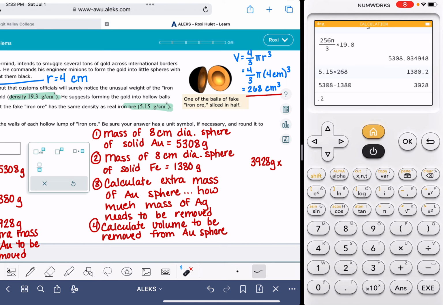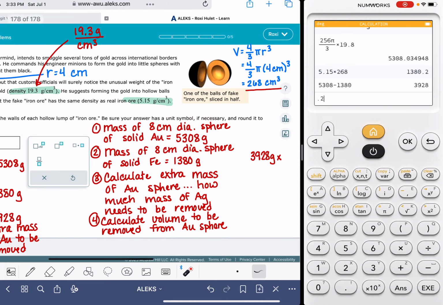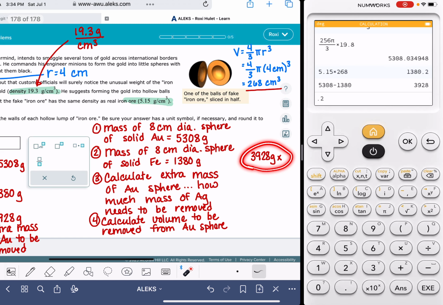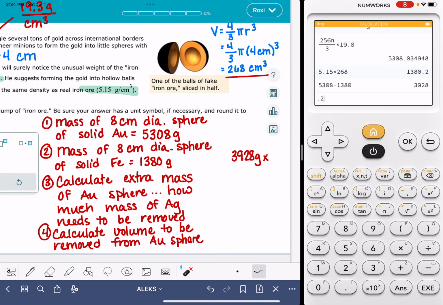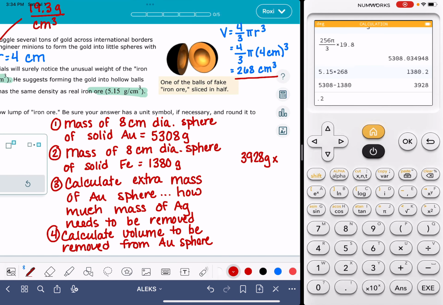The relationship between mass and volume, again, is our density. Our density for the gold is 19.3 grams per centimeters cubed. Right now, we have our mass of gold in units of grams, and we're trying to convert that mass into a volume.